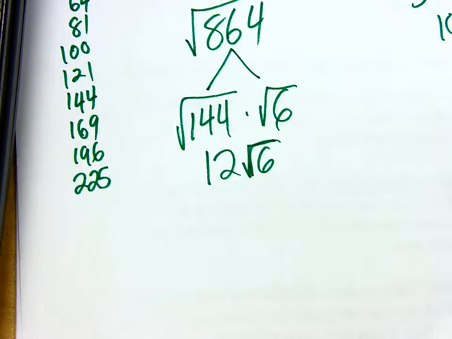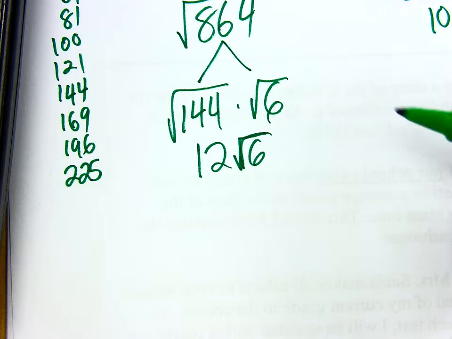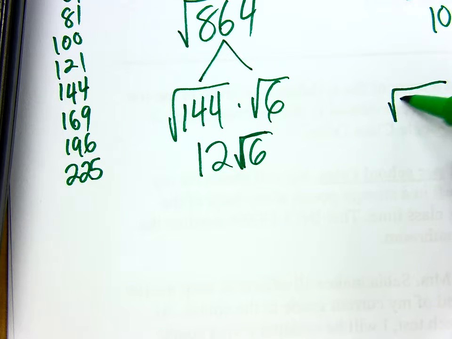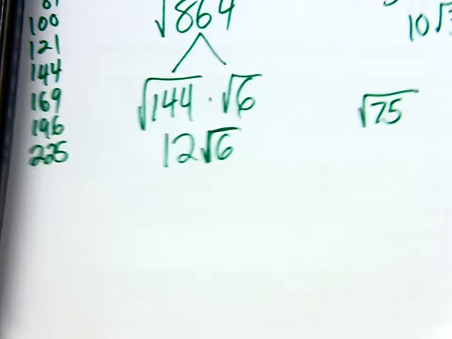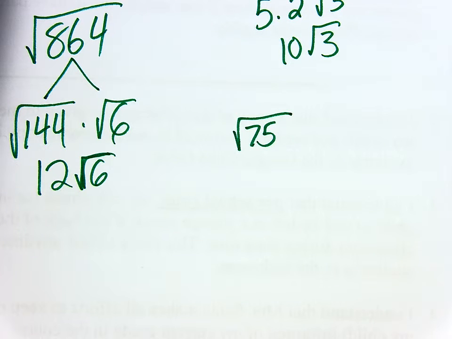Let me give you one to try without me talking. You just try it. Give me the square root of 75. Square root of 75.